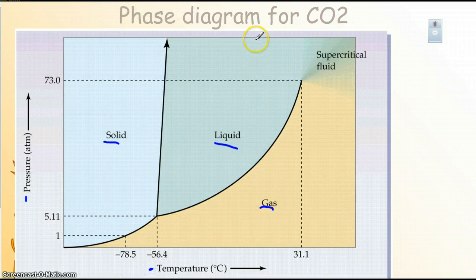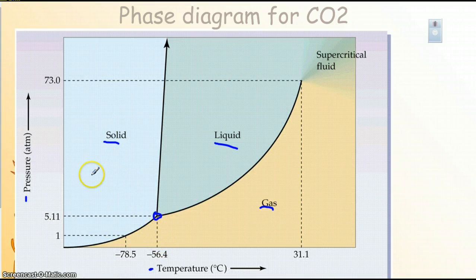This is the phase change diagram for carbon dioxide gas. This is the triple point. At this pressure and at this temperature, it could be a solid, a liquid, or a gas, depending on small changes in temperature or small changes in pressure.